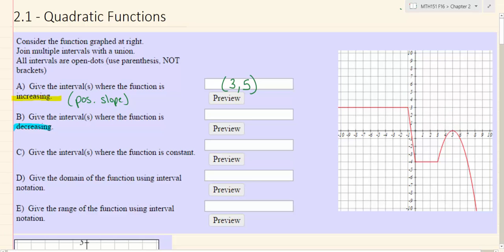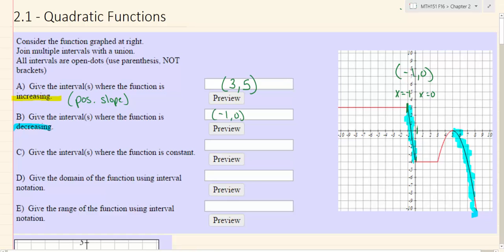Where's the function decreasing? And I would guess it's this segment and this segment. And it's important to note these are regions where the graph has negative slope, where the slope is downward, negative values. And so this first region, it looks like that goes from x equals -1 all the way to x equals 0. So we would write that as (-1, 0).